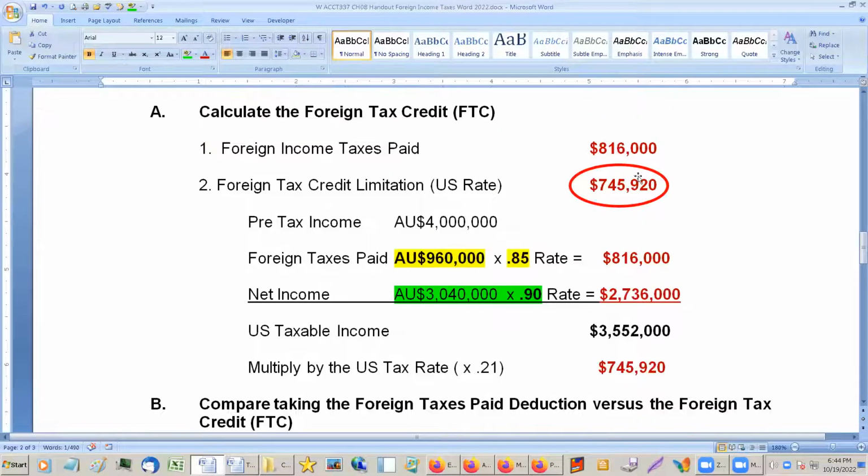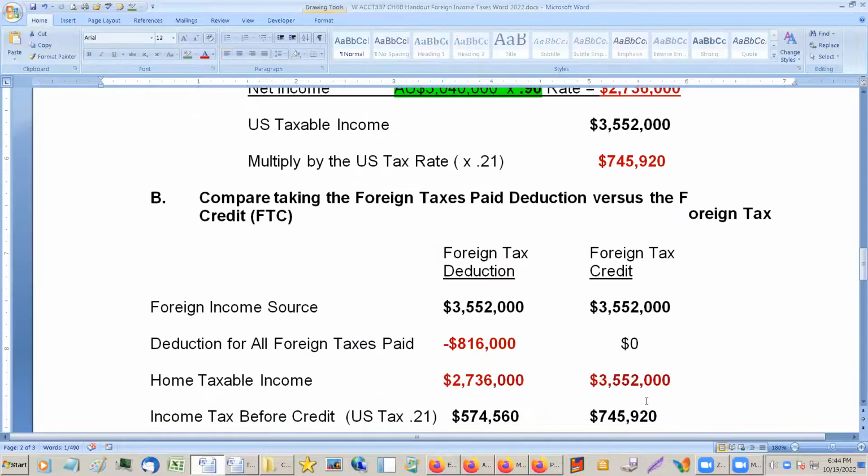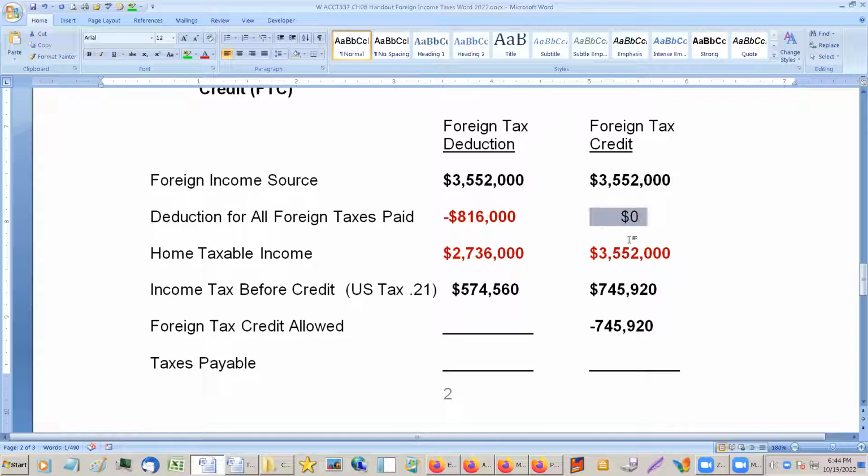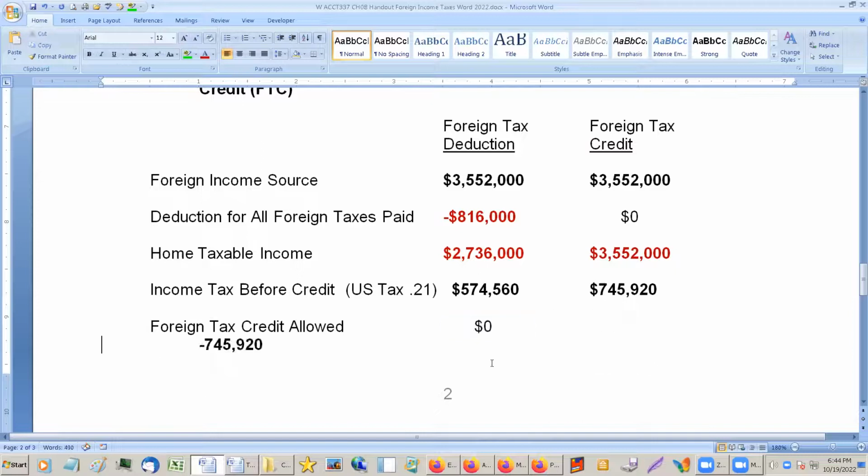Tax credit allowed, $745,920. Look familiar? All right.